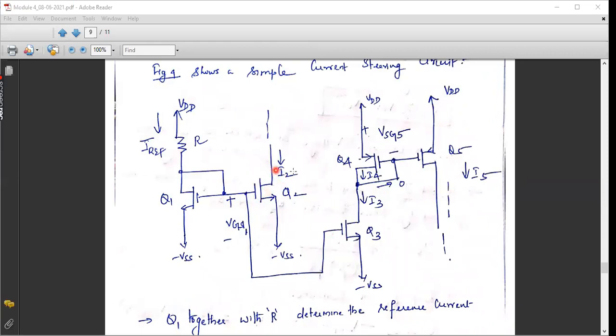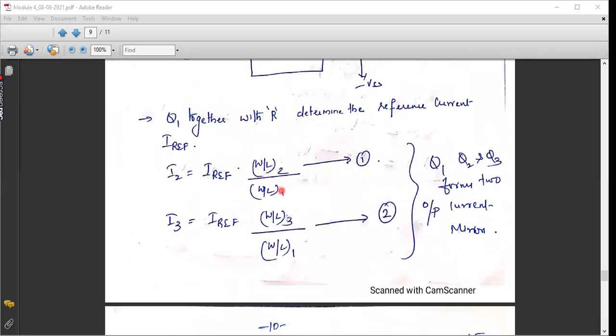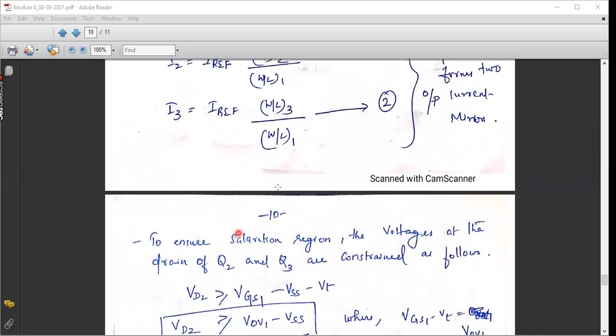The condition is that the output voltage, that is VDS, should be greater than VGS minus VT. If you can maintain this condition, then this transistor will always be in the saturation region and the mirroring task will happen properly. What do you mean by mirroring? I2 will be a fraction of IREF or equal to IREF, depending upon the aspect ratio according to equations 1 and 2. So equations 1 and 2 will hold good only if the transistor operates in saturation.